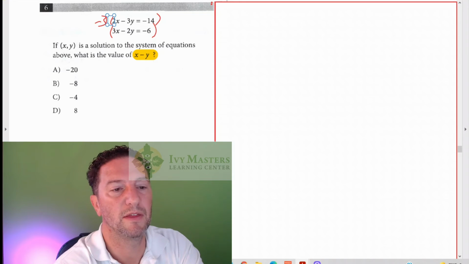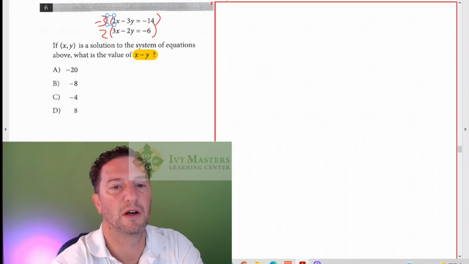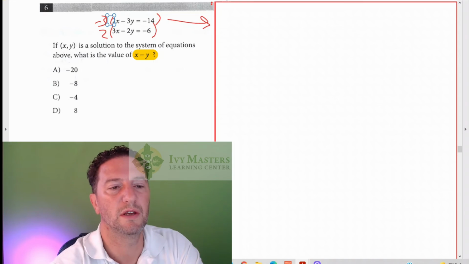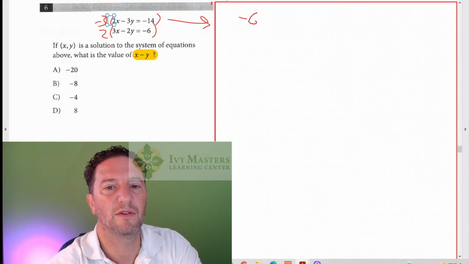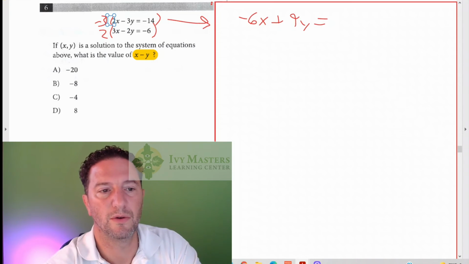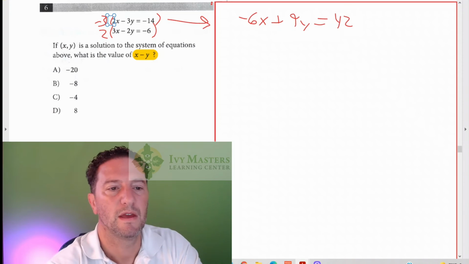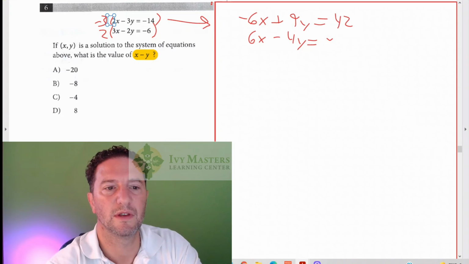I'm going to multiply this one by positive 2. I'm going to write my results over here. So what I wind up with is negative 6x plus 9y equals 42. And when I multiply by 2 there, I get 6x minus 4y equals negative 12.